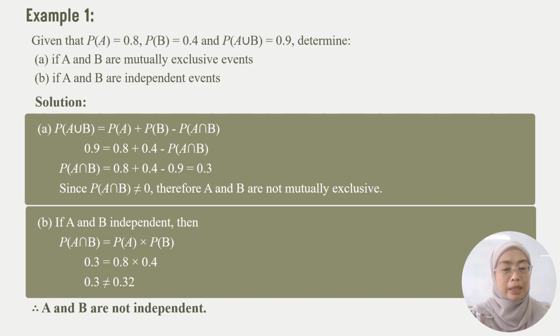If A and B are independent, then the probability of A intersection B must equal the probability of A times the probability of B. Based on the answer in A, you just substitute the value 0.3 for the probability of A intersection B, and on the right side, you must multiply the probability of A and the probability of B. So the left side is 0.3 and the right side is 0.32, meaning that the left side and the right side are not equal. So, A and B are not independent events.